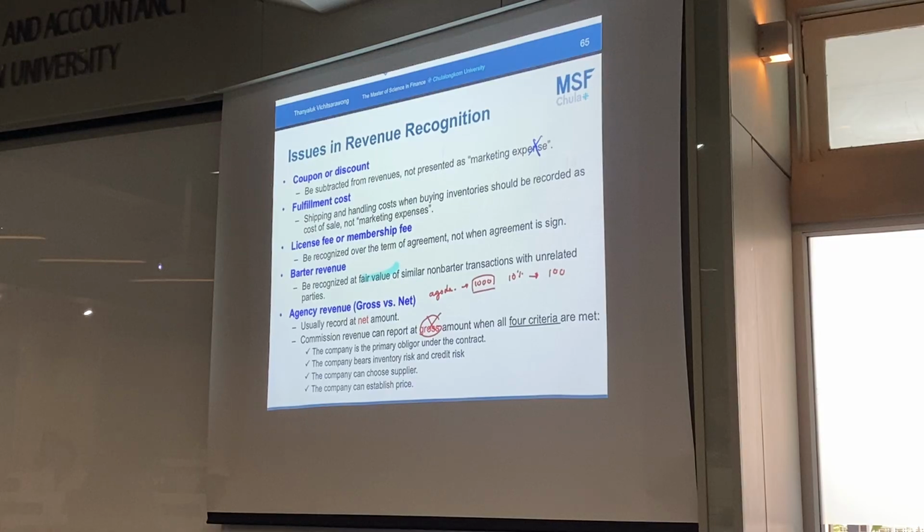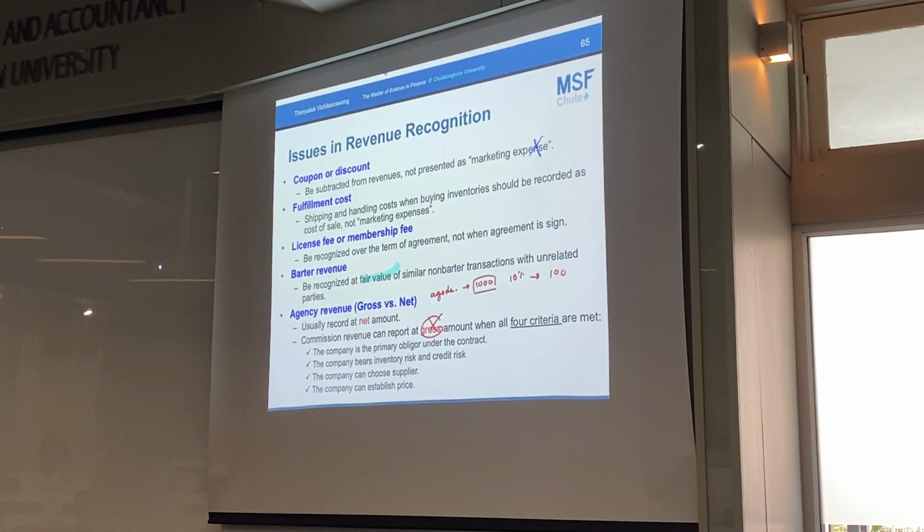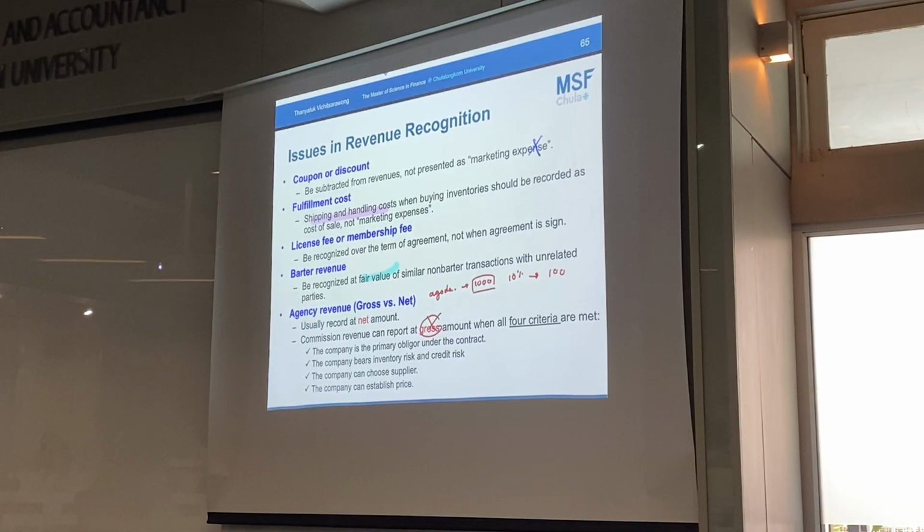The fulfillment cost, this is the shipping and handling cost, right? So this one, how can the company book this cost? When you have shipping cost to sell the product to the customer, how can you book it? Cost of goods sold, right? It's part of the cost of goods sold, not the marketing expense.